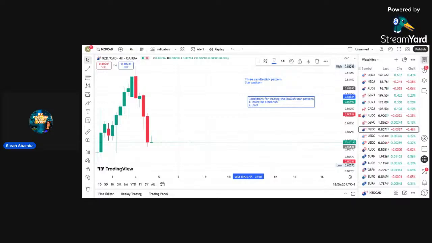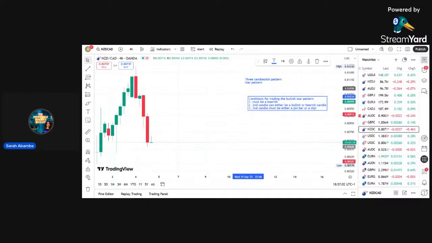Now, your second condition is that the second candlestick can either be a bullish or bearish candle. You get that, that is the second condition. Then your third condition is that the second candle must be either a pin bar or a doji. Hope we are not confused.